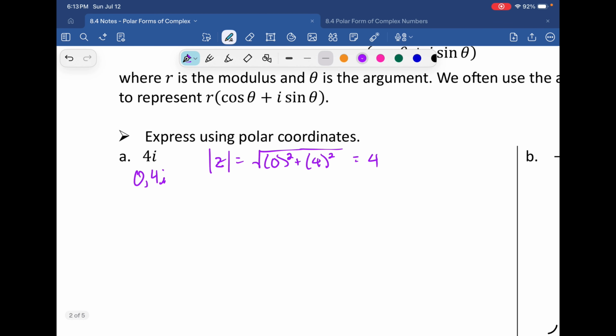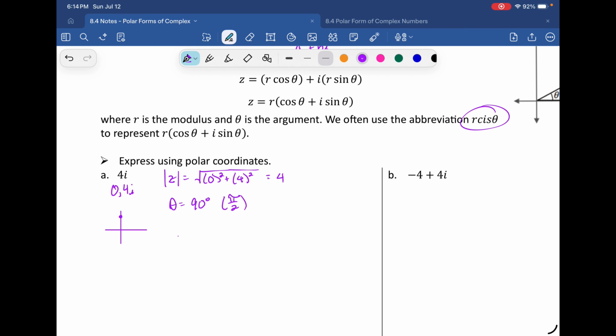All right, I would say we're going to use inverse tangent here, but if we were to sketch this, for i, since it's imaginary, it falls up here. It's quadrantal. So the angle is 90 degrees, or we can think pi over 2. Okay, so inverse tangent wouldn't work here.